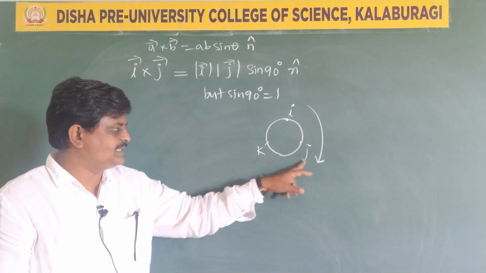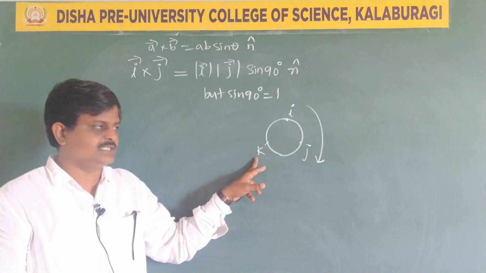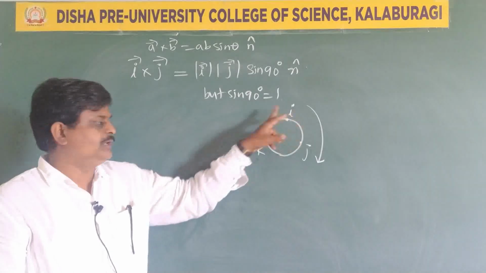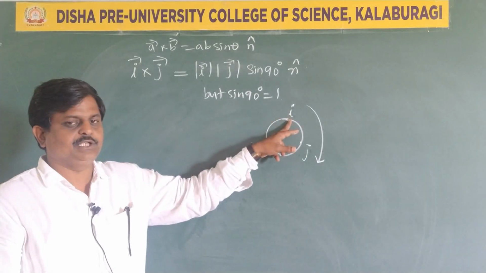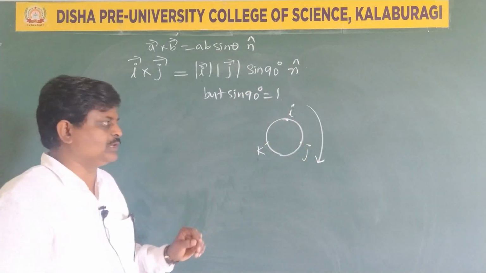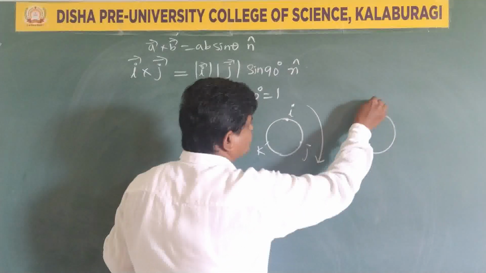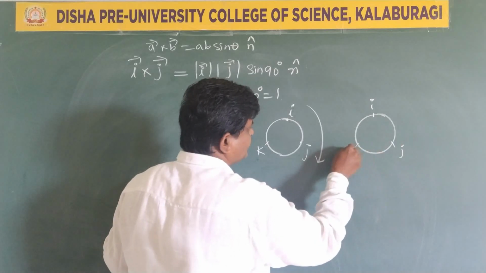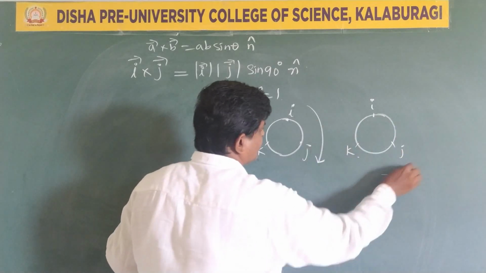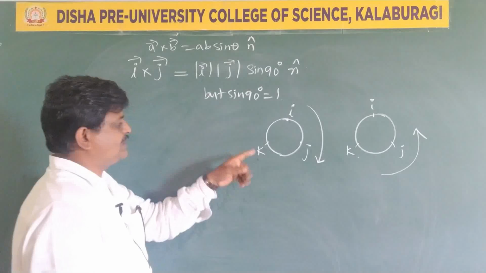Next, when you operate j cross k, any guesses? It will be I. When you operate k cross I, it will be j. This is for clockwise. The same you can think for anti-clockwise also: I, j and k, if you move in this way, anti-clockwise. First we work out for clockwise.